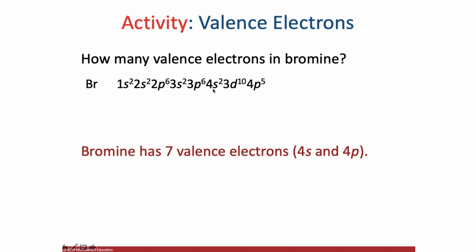And there are two kinds of orbitals in the n equals 4 energy level, and that is the 4s orbital and the 4p orbitals. So if we add the number of electrons that are found at energy level of n equals 4, we would add the 2 plus the 5 superscripts, which gives us 7 valence electrons for bromine.